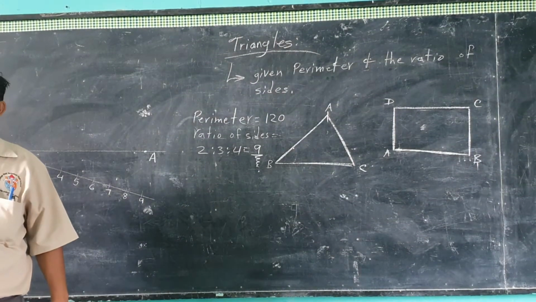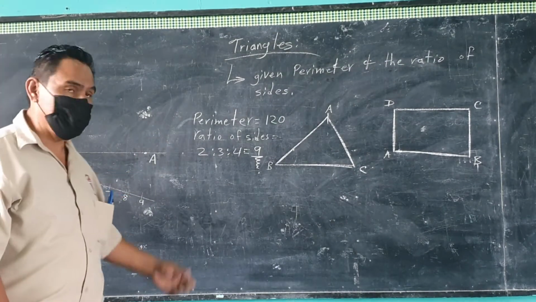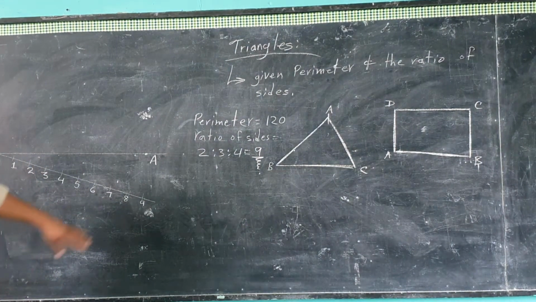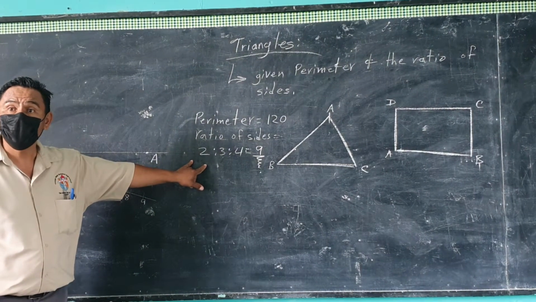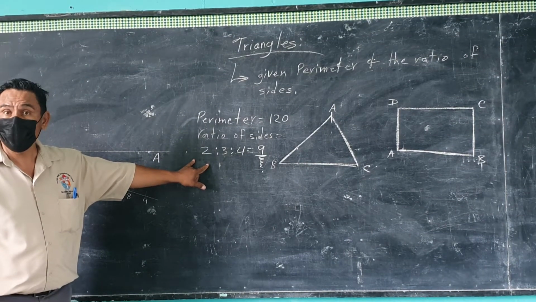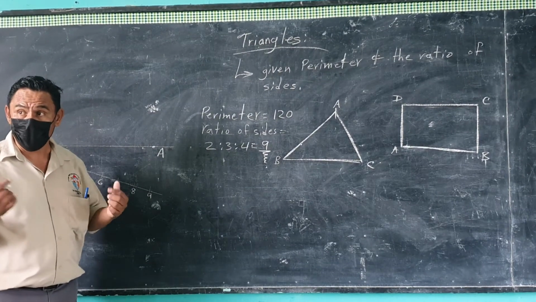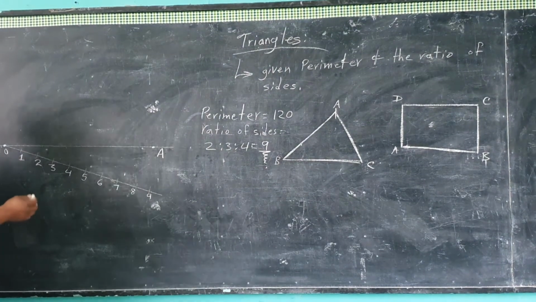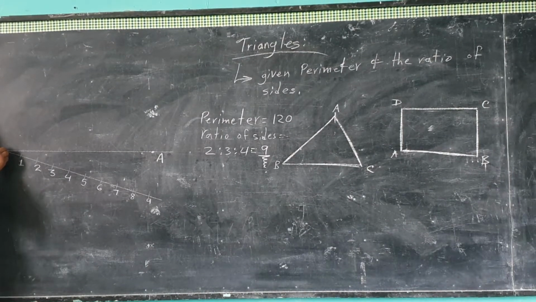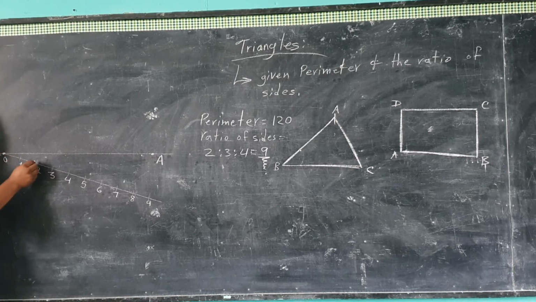Now, let us look at the shares or the ratios. The first ratio says that this is how much? 2. Isn't that so? The first ratio says 2. So I want you to look at the board. We start from A and we say 0, 1, 2.